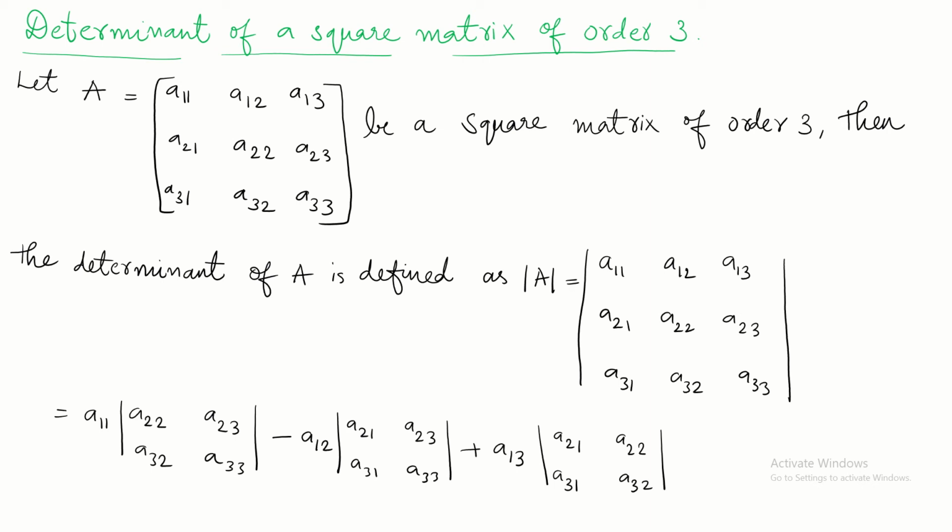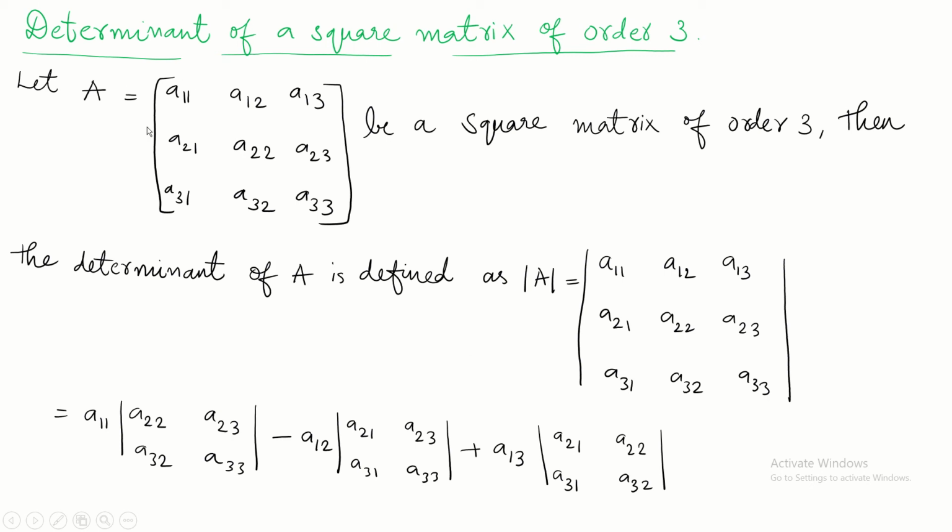Now moving on to the next order, that is order 3. How to find the determinant of a square matrix of order 3. So here you have a 3 by 3 matrix of order 3, then the determinant.